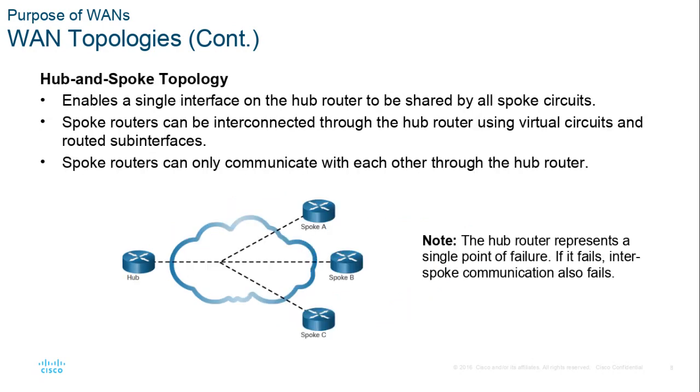So if there's a central office, let's look at Tarrant County College. Our central hub is the Trinity River campus. That's where our data center is located. And then we have one single line that goes from the Trinity River to the Northeast campus, another single line that goes from the hub at Trinity River to the South campus, another single line that goes to the Northwest campus.